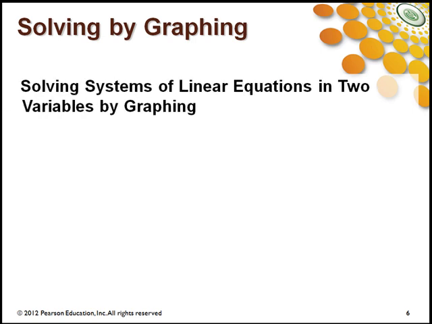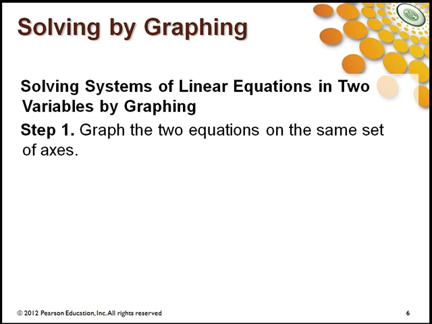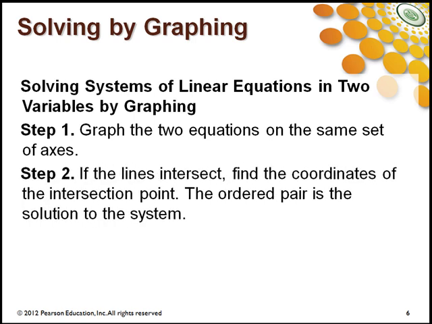Now, to solve the system by graphing, there are three steps that you need to remember. Step 1, we graph the two equations on the same set of axes. Step 2, if the lines intersect, then we find the coordinates of the intersection point.